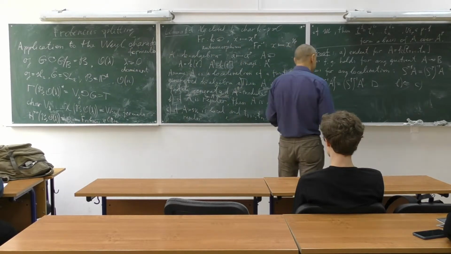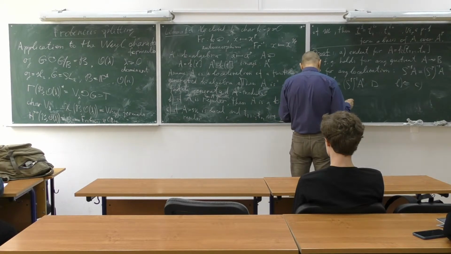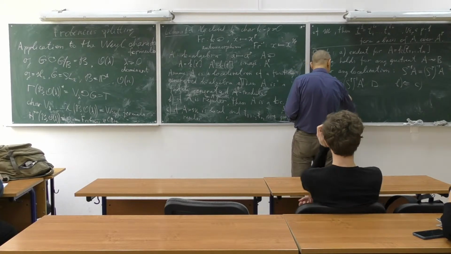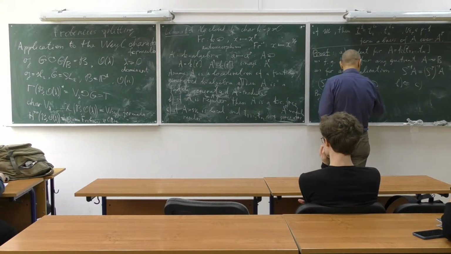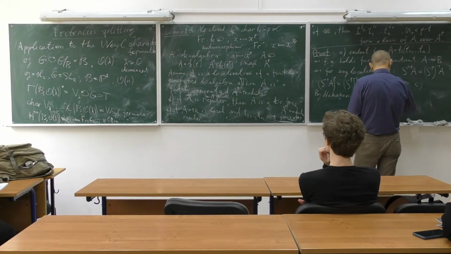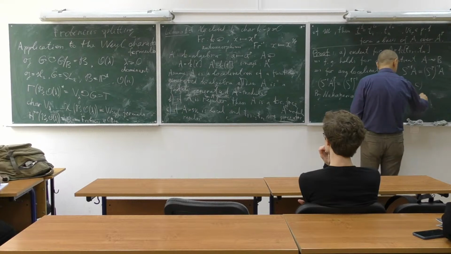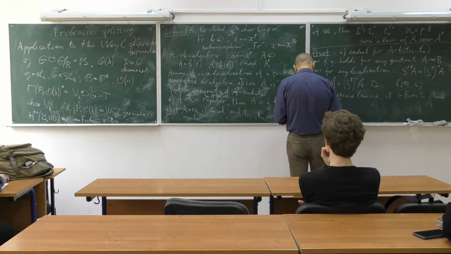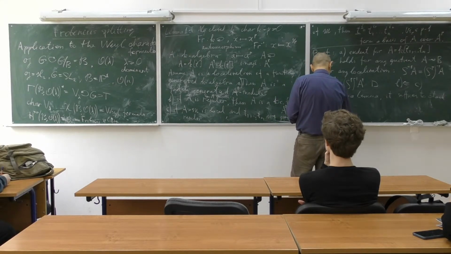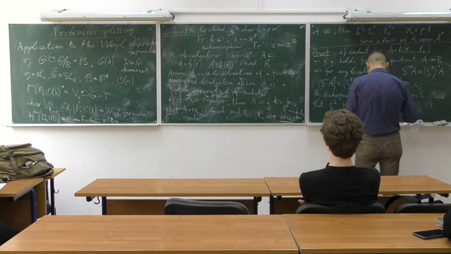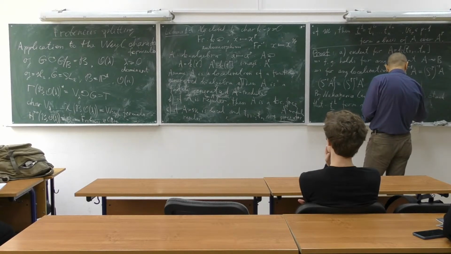And then just by the Nakayama lemma, it suffices to check that those monomials form a basis of the quotient modulo the maximal ideal.